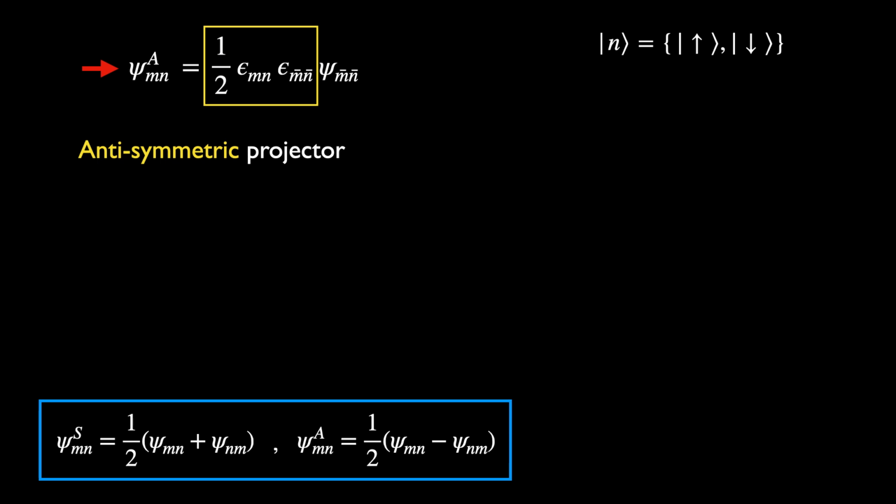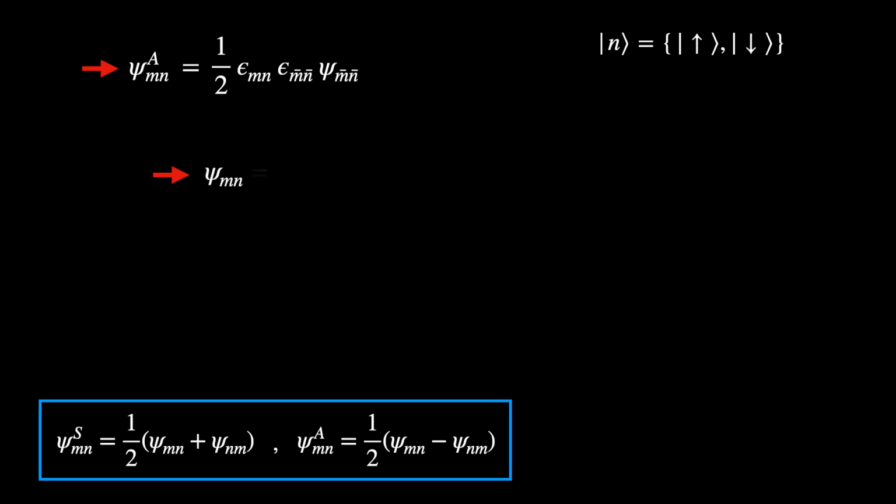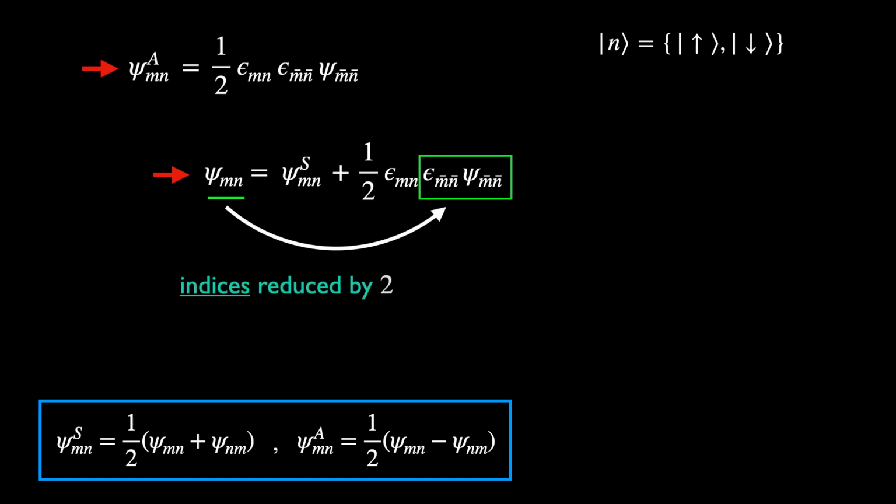You can easily check that this would leave an anti-symmetric tensor unchanged. The anti-symmetric projector projects out only part of the information carried inside. Basically, it reduces a 2-index object into a no-index object.